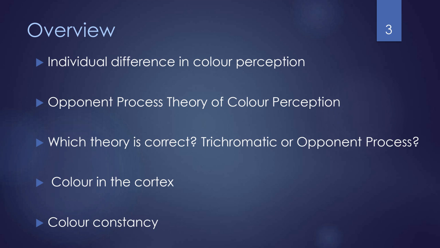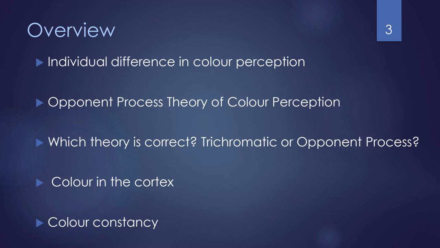So we can certainly look at why it's important to have three cones to see color properly by looking at cases where people don't have three cones and the types of color deficiencies they have. So that's where we're going to get to in the Nearpod lesson, and the other topics will be covered in class.